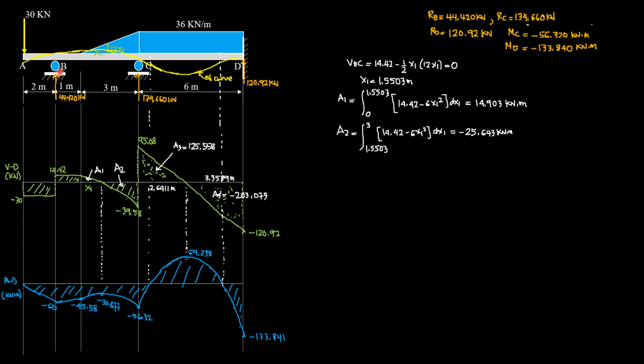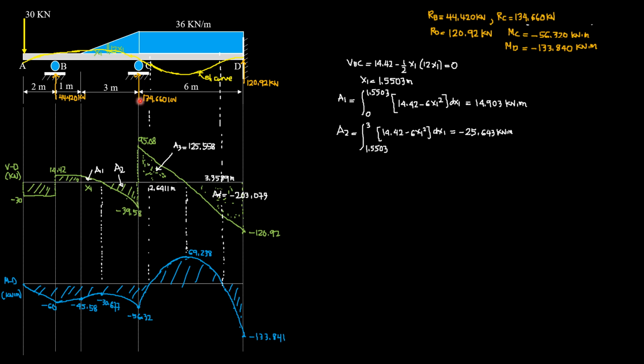So from B to D here, constant, then minus 1/2 of 3 times 36. So it is negative increasing. The value is 14.42 minus 1/2 of 3 times 36. So that's negative 54. 14.42 minus 54 is negative 39.58.